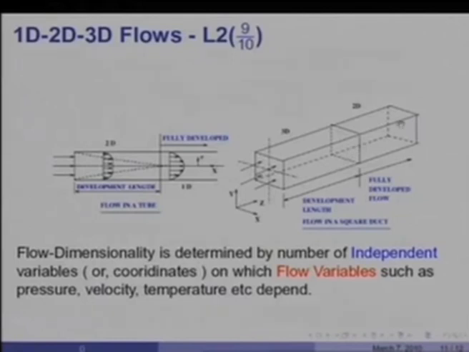But once you reach fully developed flow, then the flow velocity would be a function only of the cross-sectional coordinates y and z, and therefore, the flow will be essentially 2-dimensional. So, dimensionality of the flow changes within the same tube or duct. And it is very, very important that we appreciate the differences between flows in association with the dimensionality. By and large, 1 and 2 dimensional flows are relatively easy to track compared to 3 dimensional flows in classroom situations.